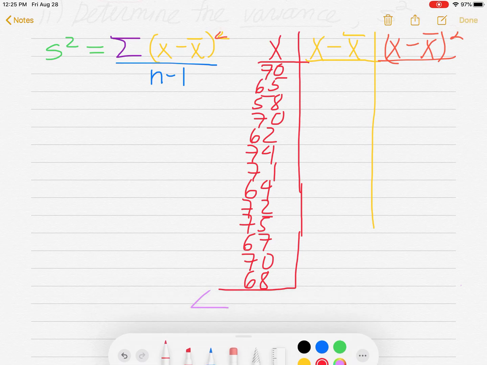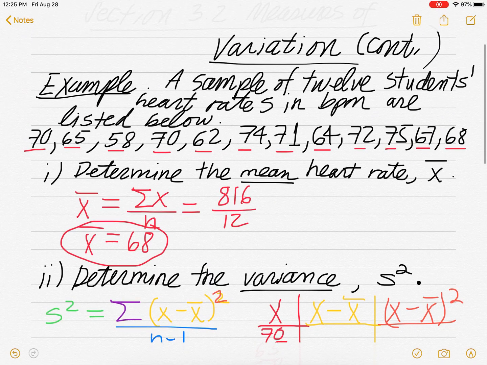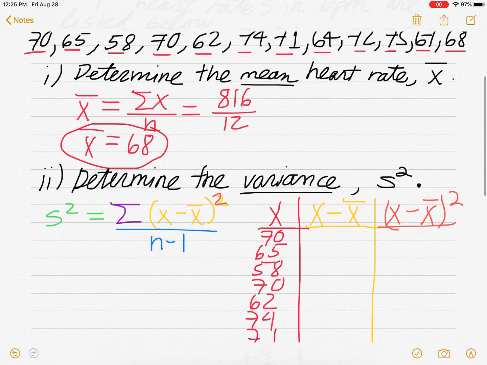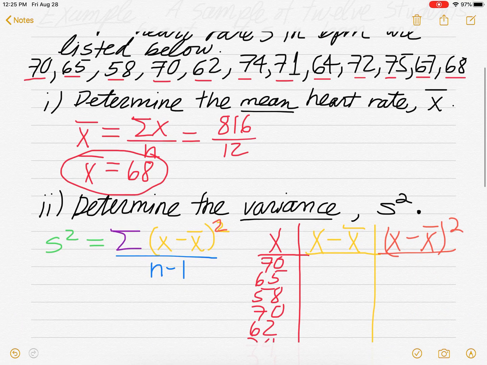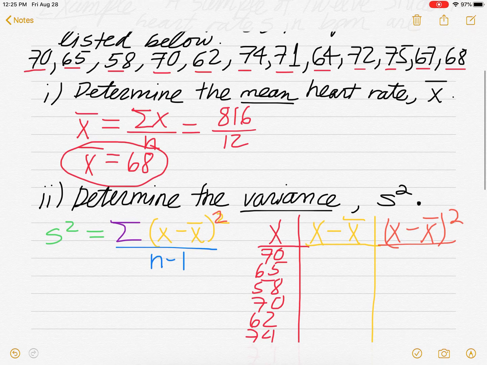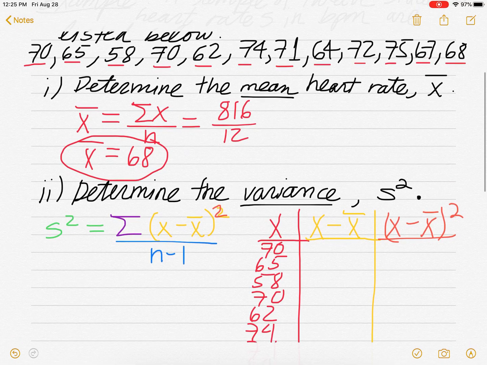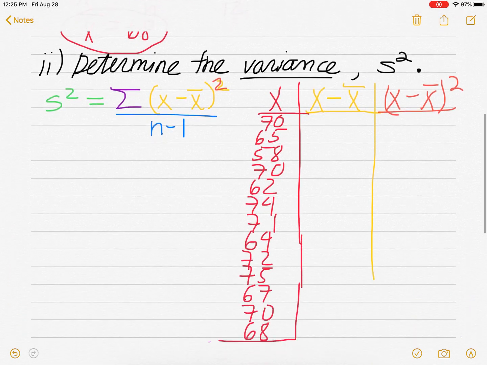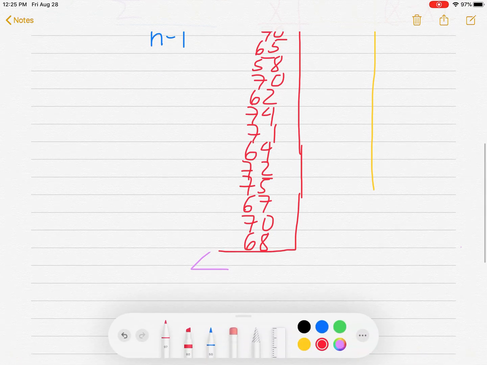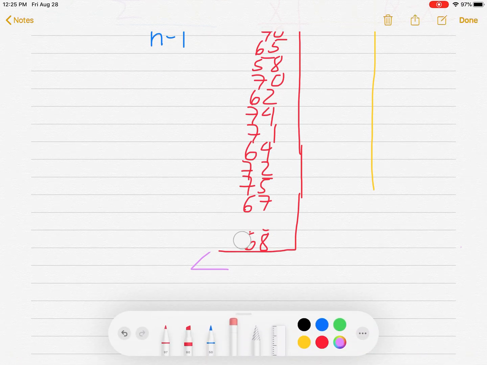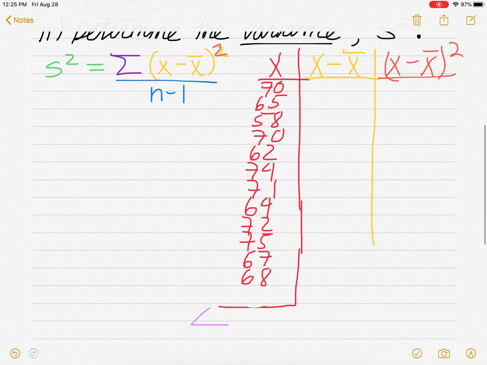Okay, looks like I got an extra 70 in here. I don't need that extra 70. Yep, I got an extra 70 in here somewhere, this guy right here. Kind of hard when you don't have a screen that you can see everything on.